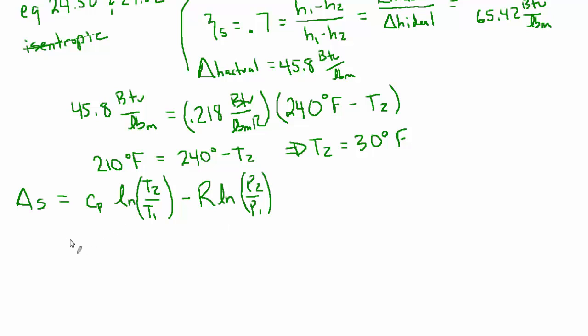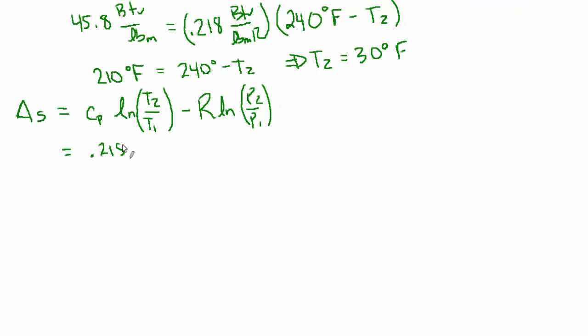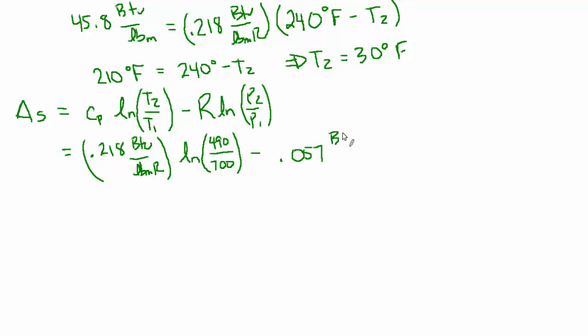So I'll go ahead and populate these values. Cp is 0.218 BTU per pound Rankine. Temperature ratios always have to be in Rankine. That's important. So T2 is 30, but that's really 490 degrees Rankine over 700 minus R, which is 0.057 BTU per pound mass Rankine times ln P2 over P1, which is 16 psia over 135.6 psia.